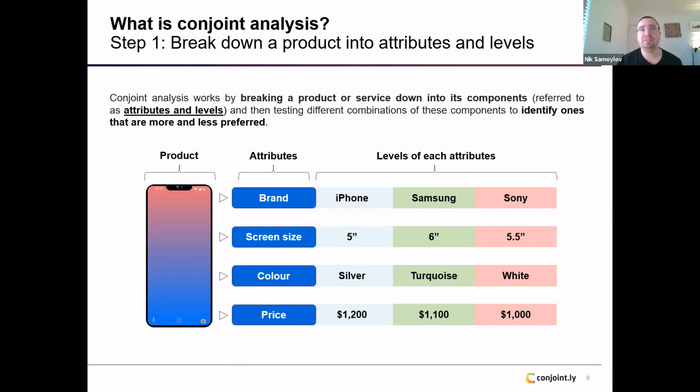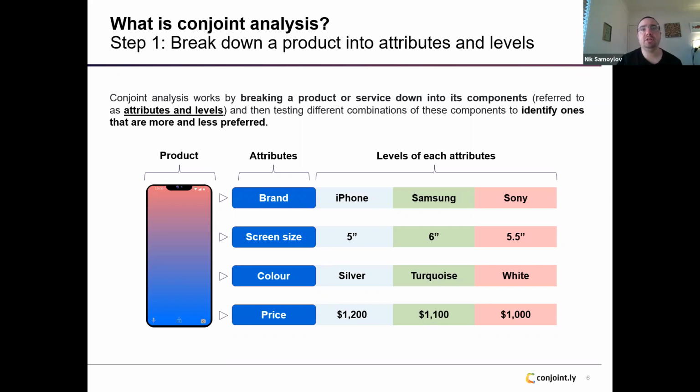Those are brand, screen size, color, and price. These are not exhaustive, so there could be some additional characteristics such as thickness, weight, or memory amount on the phone. Those would still be attributes. But typically for conjoint, you would choose a limited number of attributes, not all the characteristics of a product.